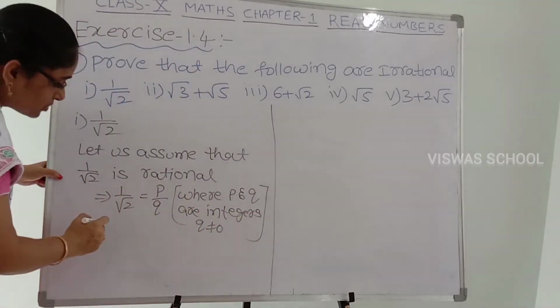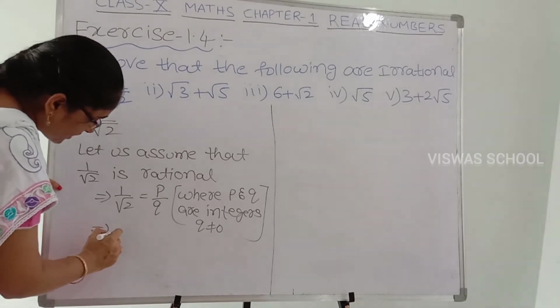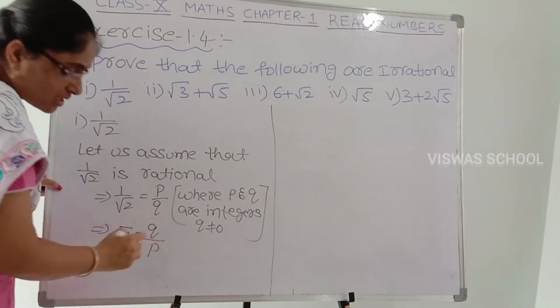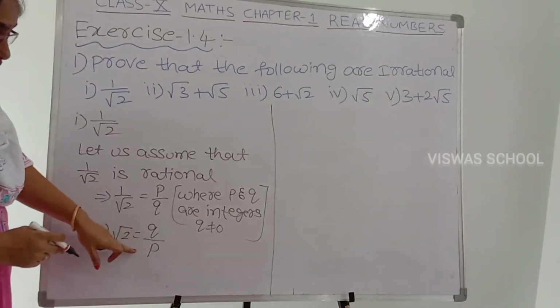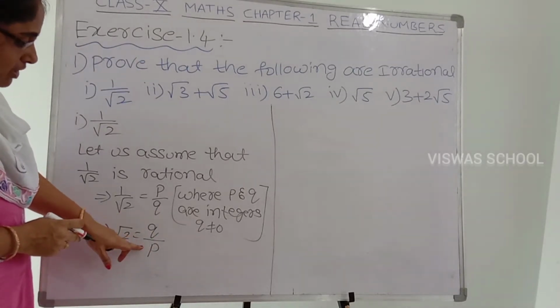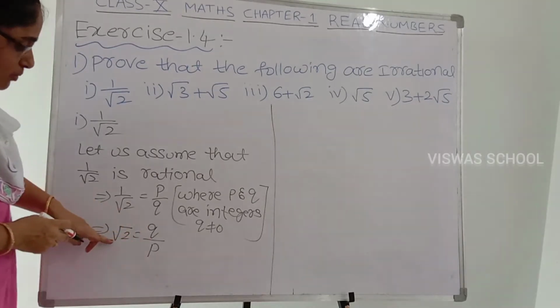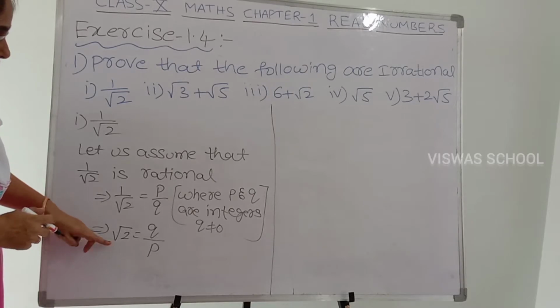Here if 1 by root 2 equals P by Q, then root 2 equals Q by P. That is, root 2 equals Q by P means it is in the form of rational. If Q by P is rational, then automatically root 2 is also rational.